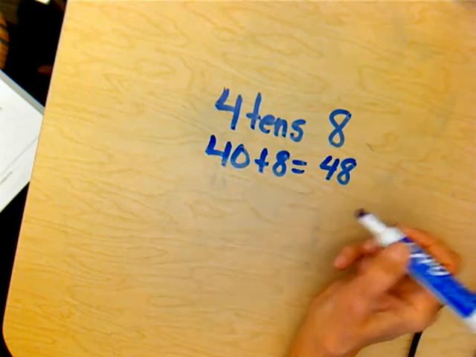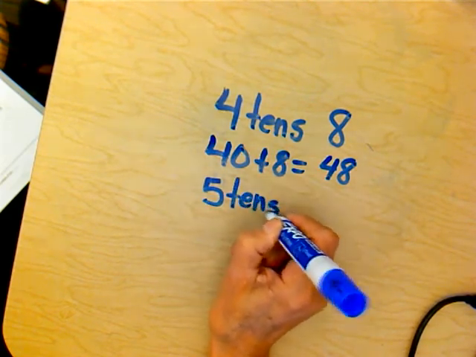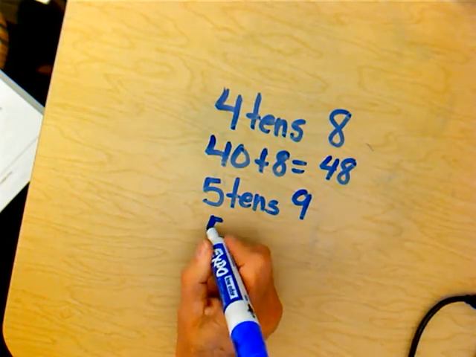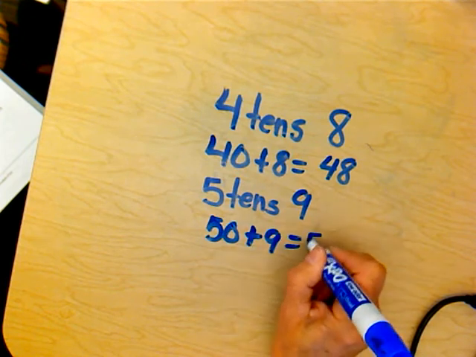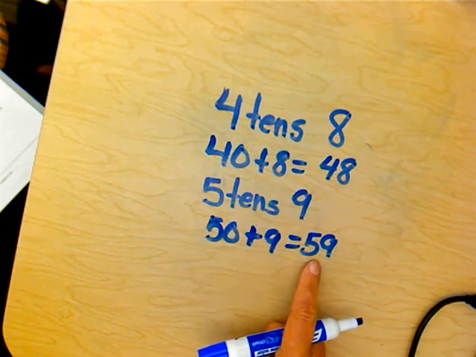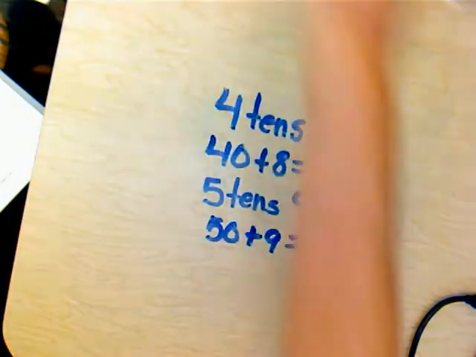What if I had 5 10s 9? 5 10s would be 50, plus 9 would give me 59. So 5 10 9 would be 59. 50 plus 9 is 59.